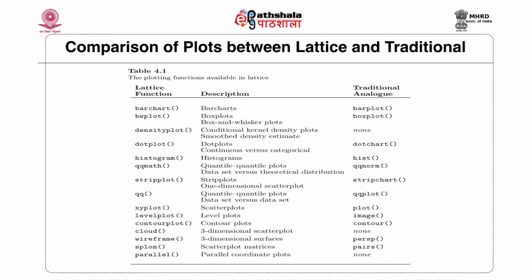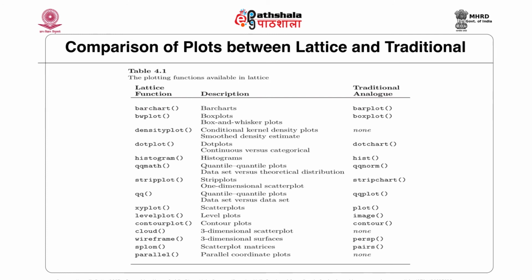So that's why I said use the traditional system if you are not going to be using some of the advanced features. Otherwise, if you are interested in advanced features, it's always a good idea to stick to lattice functions. If you are starting out, using basic functions, you will be mostly using the traditional functions.